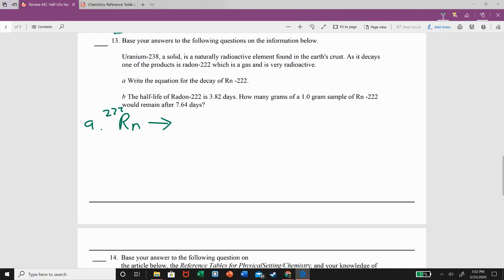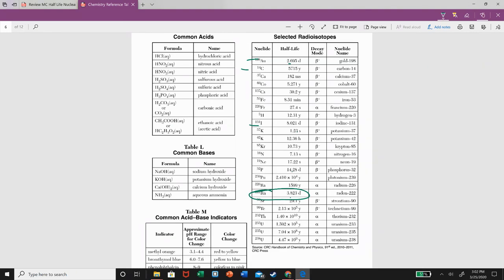Whenever I have a decay, I'm always going to produce a particle from table O plus a daughter nucleus, the new element that radon is going to transmutate into. It does not say in my question what kind of decay radon-222 does. So I need to go to my reference tables and find radon-222. Here it is.